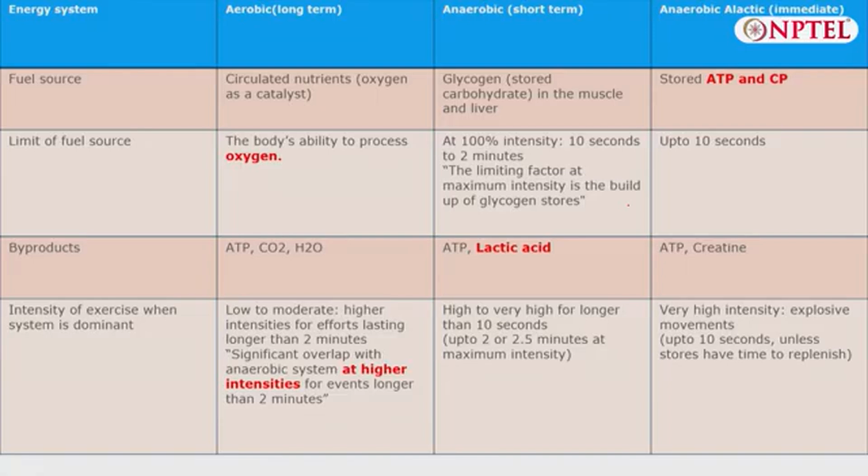The limiting factor at maximum intensity is the build up with the glycogen store. ATP and lactic acid is produced, high to very high intensity for longer than 10 seconds up to 2 to 2.5 minutes at maximum intensity.